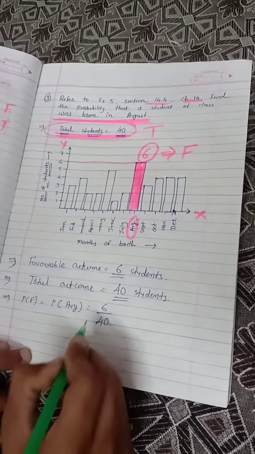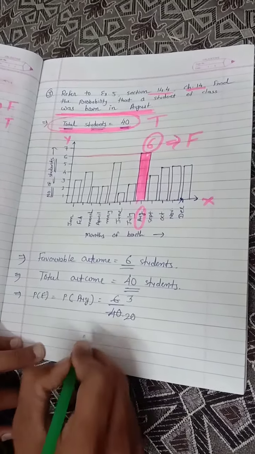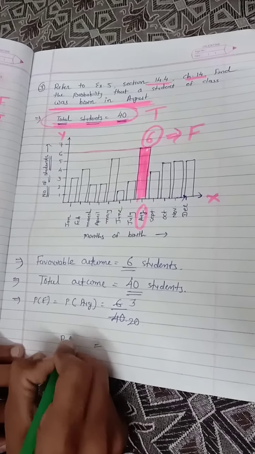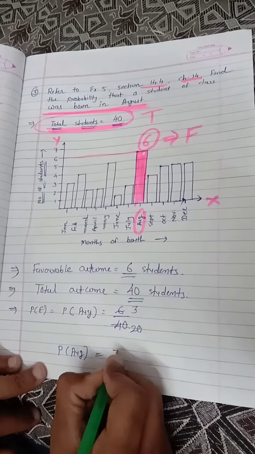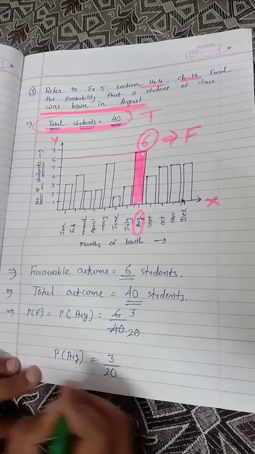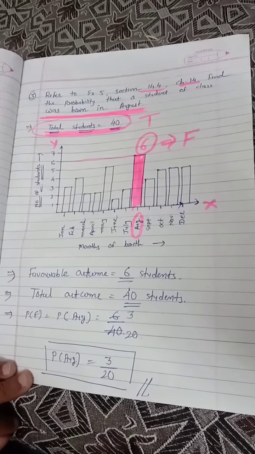If cutting is possible, then do cutting. 2 3s are 6, 2 20s are 40. Probability of a student born in August month is equal to 3 upon 20. This is our final answer.